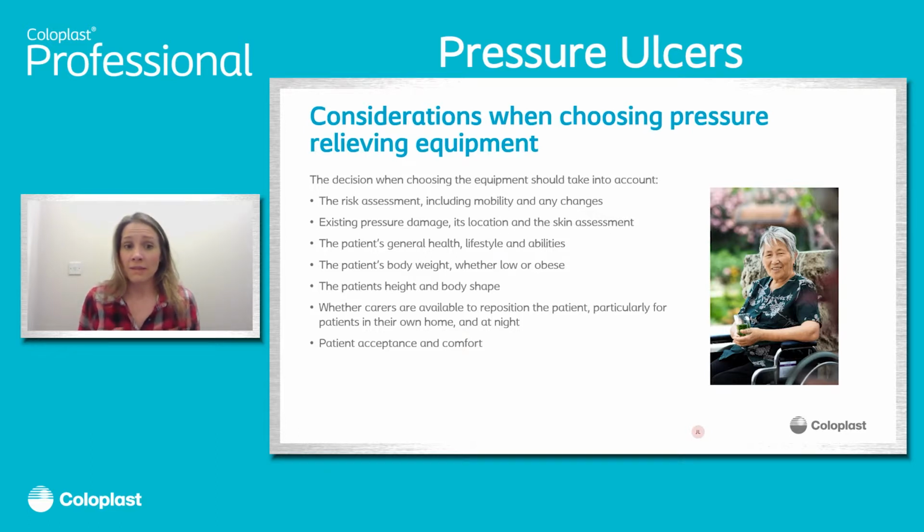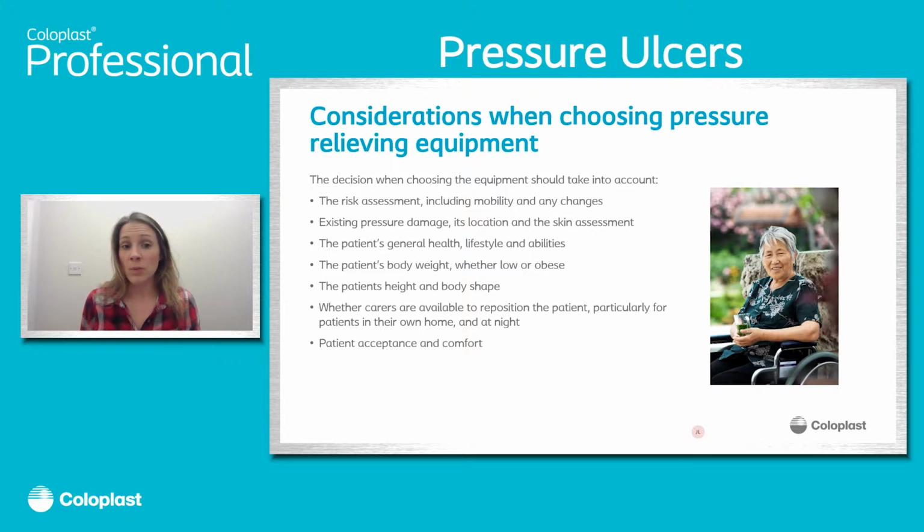So again, just as a bit of a recap on this one, making our patient aware of the decisions and the risk factors that are included, whether they have any existing conditions that we need to consider. So if they've had previous pressure damage, which is going to put them at higher risk, we need to discuss that with our patient and take that into consideration when we are choosing which equipment is relevant for this person.